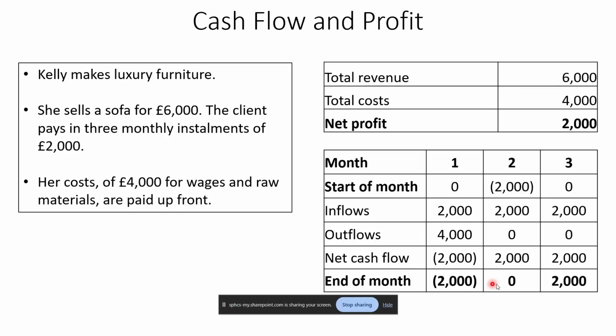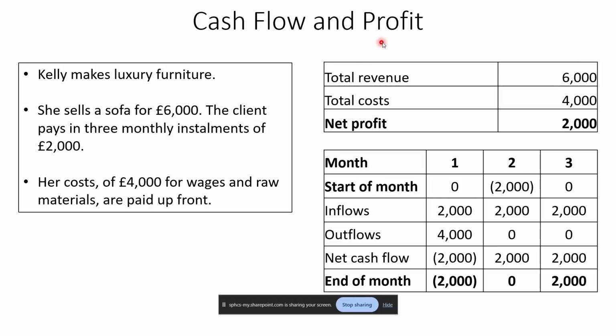At the end of the month, she's at zero, because she was in her overdraft by 2,000, and she gets to zero at the end of month two. Month three, she finally realizes her 2,000 profit because still no costs. She collects her final 2,000 from the customer, and then her cash reflects the profit that we recorded when the sale was made, but that was 3 months ago.